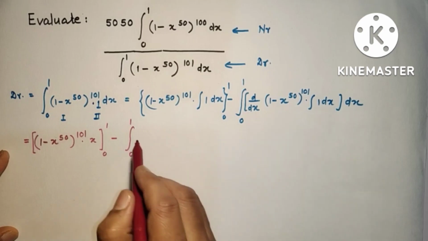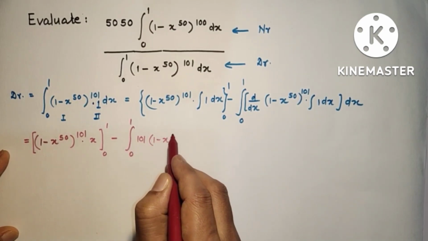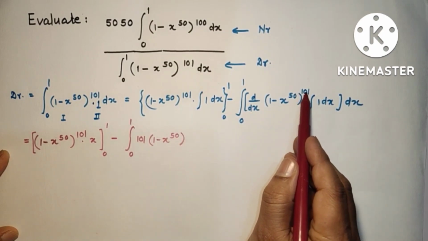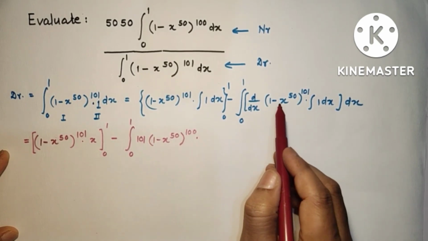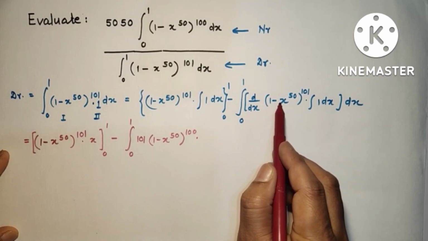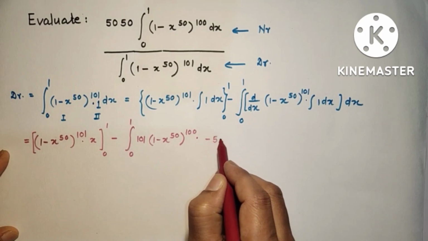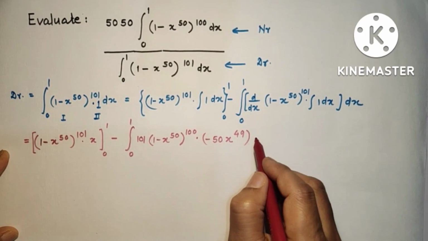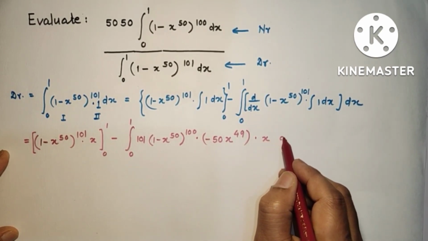This will be 101 into (1 minus x raised to the power 50) raised to the power 101 minus 1, which is 100, into the differentiation of this only. Differential of 1 is 0 and of minus x raised to the power 50 it will be minus 50 x raised to the power 49, into integral of 1, which is x, and dx.